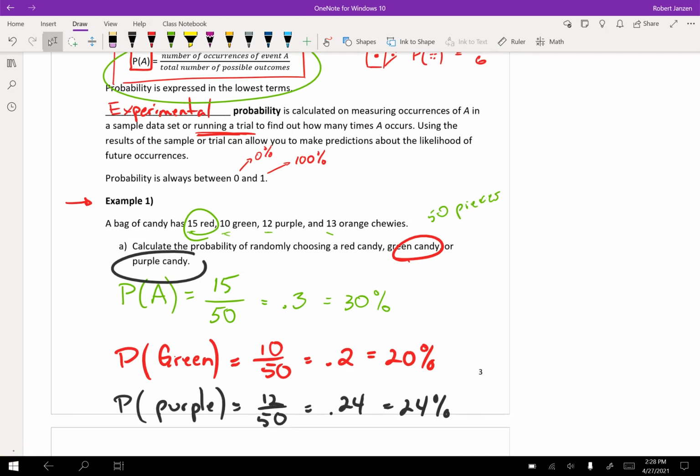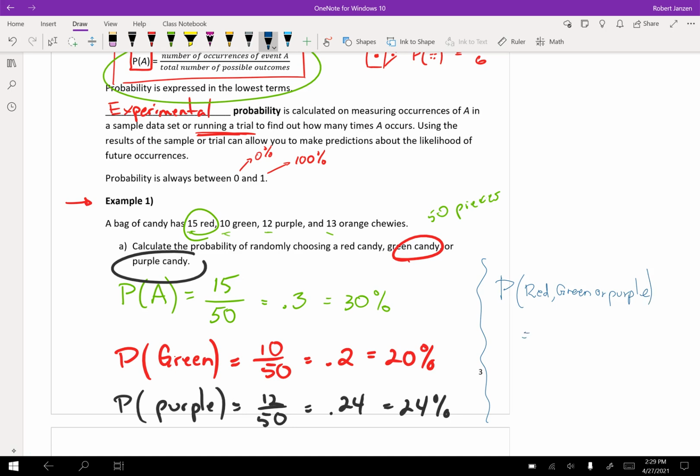What if I read that differently, though? Let's read it again. Calculate the probability of randomly choosing a red, green, or purple candy. In other words, what if I thought all three of those was okay? In other words, probability of red, green, or purple. I would take any of those outcomes.